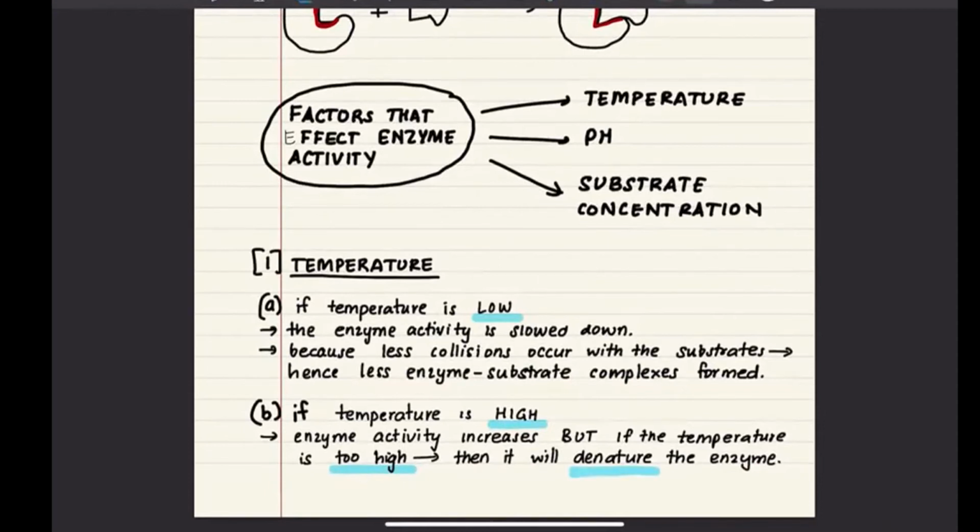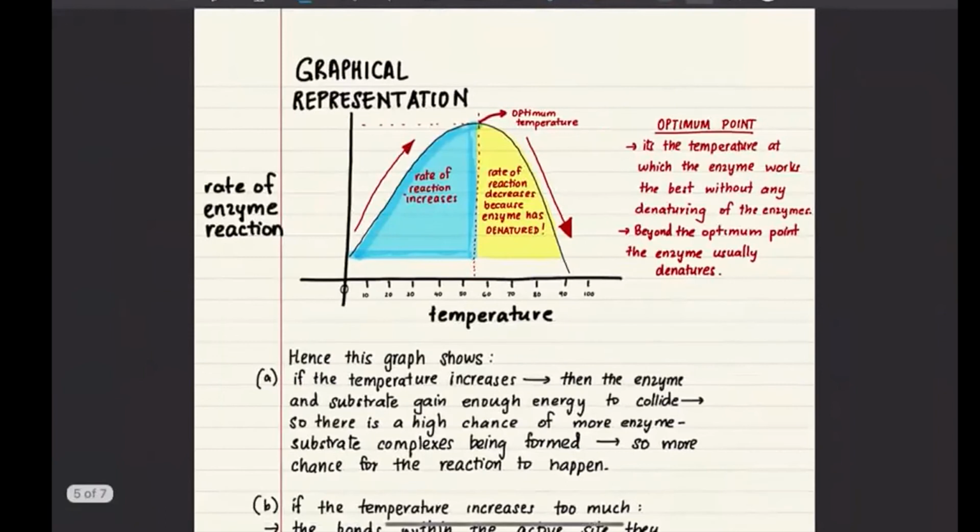All right. So this is how it would look on a graph. You would have the increasing temperature. Then when it's really high, the rate of reaction is going to fall. So the rate of reaction increases as the temperature increases, but the optimum temperature causes the reaction to happen to its maximum.